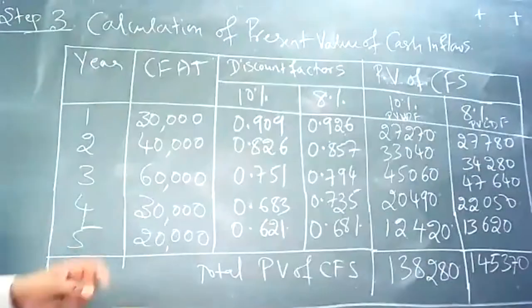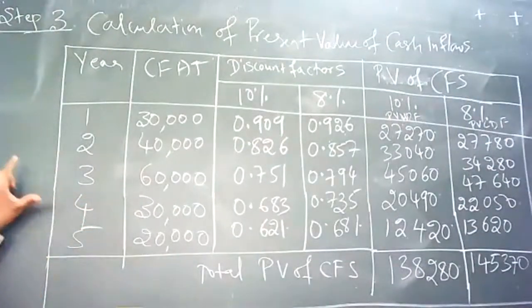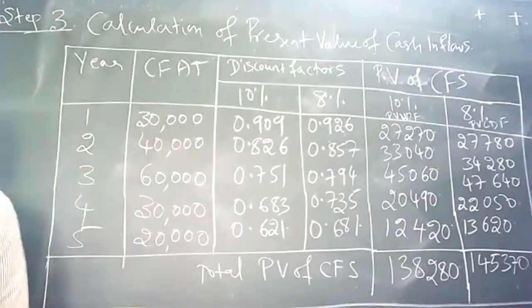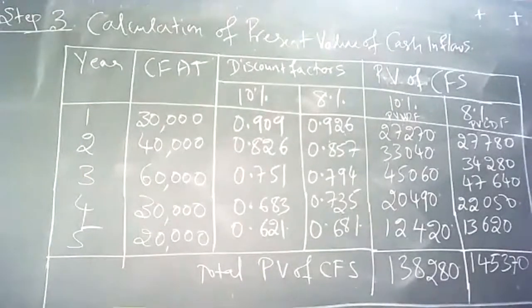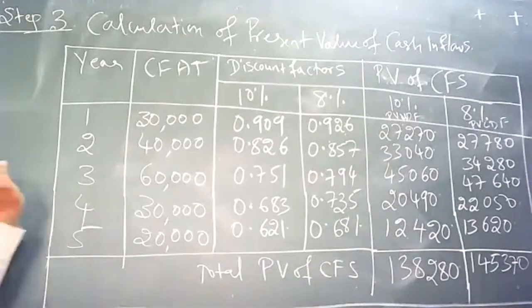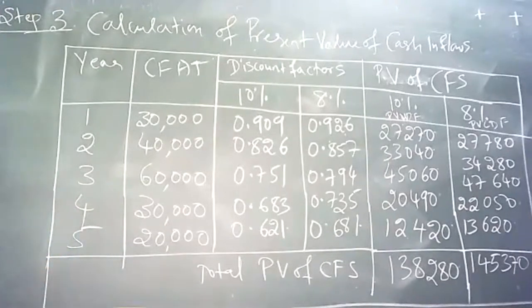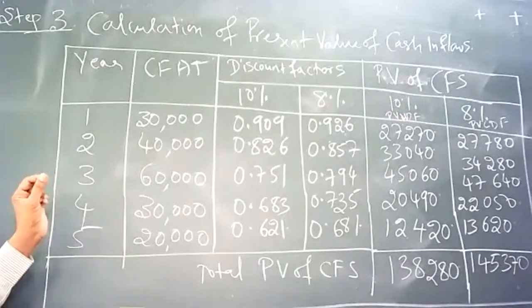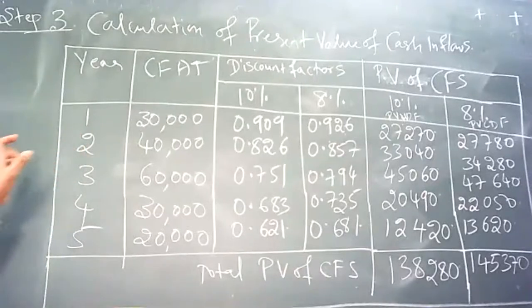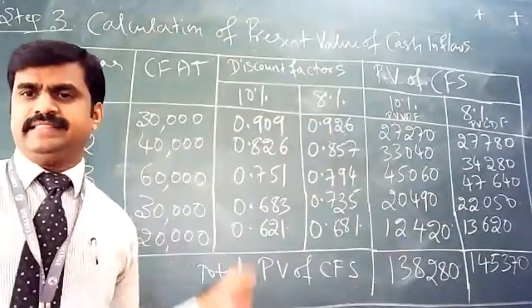Okay. Any doubt in preparing this table, calculating the present value of cash flows? Anybody has any doubt before we go to the last step? Do you understand, students? It's very simple, not very difficult.